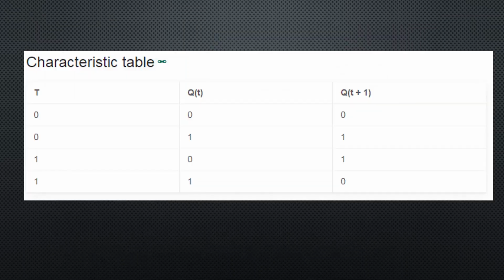Let us see the characteristic table. Same 0, 0, 1, 1. When you give 0 input, 0 will be the output, 1 input, 1 will be the output at pulses 1.